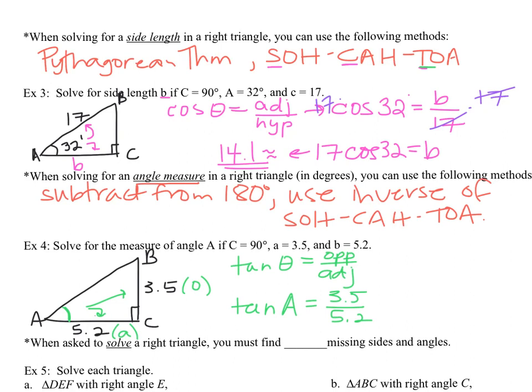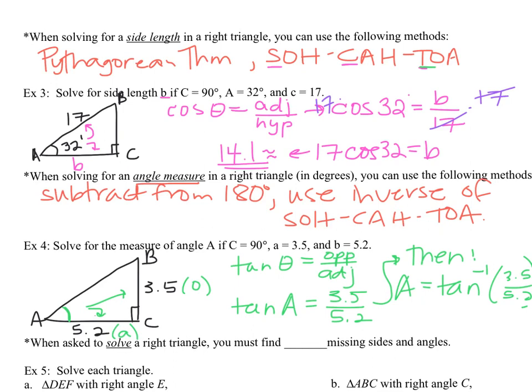To get A by itself, we wouldn't divide by the tangent prefix. We're going to take the inverse. That's a little arrow right there. Then A equals tan inverse of the fraction 3.5 over 5.2.